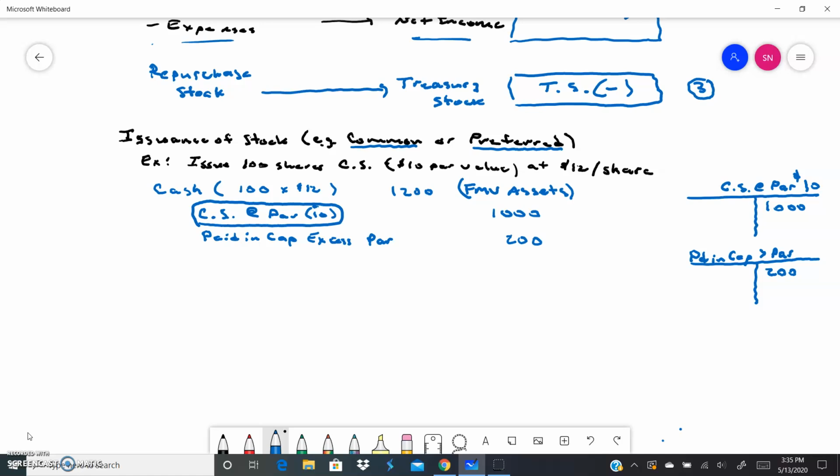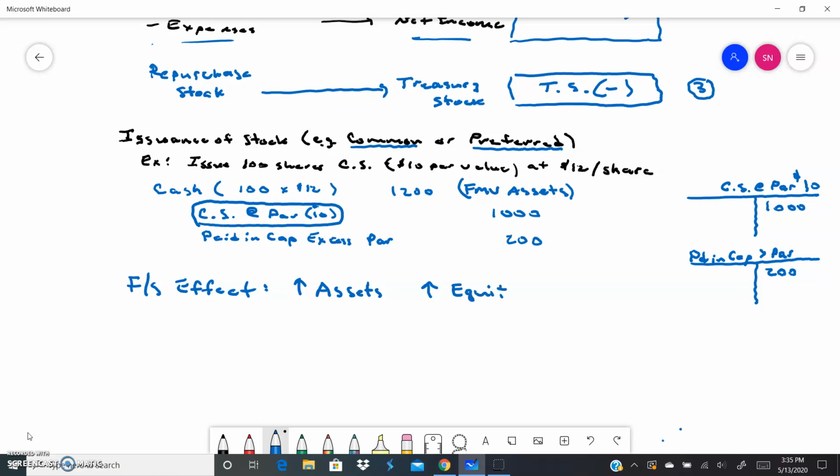I think it's pretty clear if we look at what the financial statement effect of the issuance of common stock is. In this case, no matter what, assets are going to increase, whether it's cash or some other asset being contributed, and equity is also increasing.